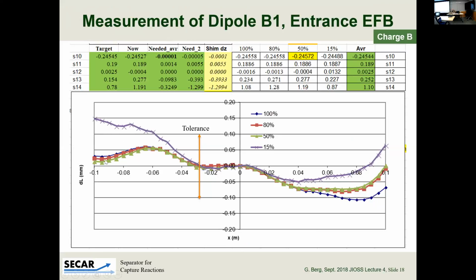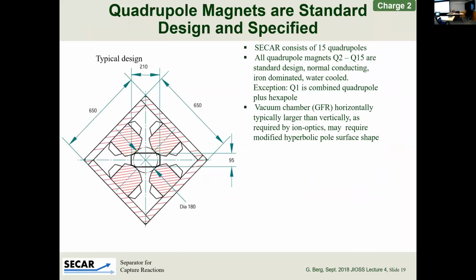He showed that for most of them it's actually within plus minus 1, but at the lowest end, it's slightly off. So we did some calculations and accepted the magnet. You can do some more calculations, but we accepted that magnet as being good. So that was done for all the dipoles and all the edges.